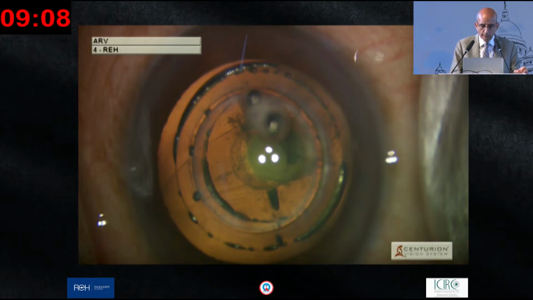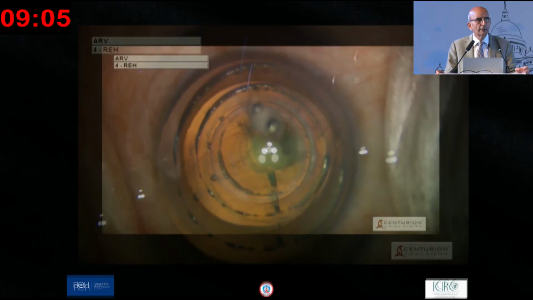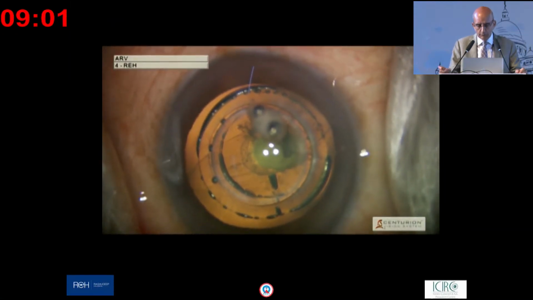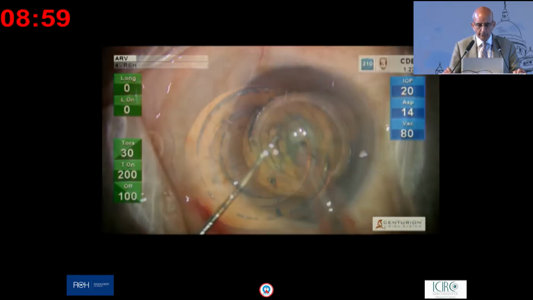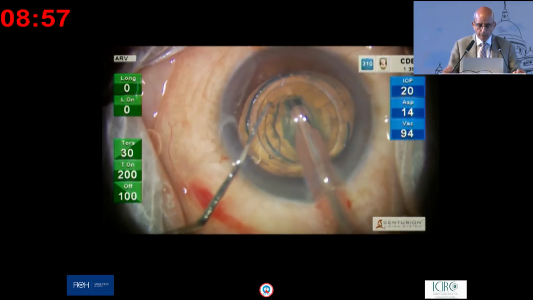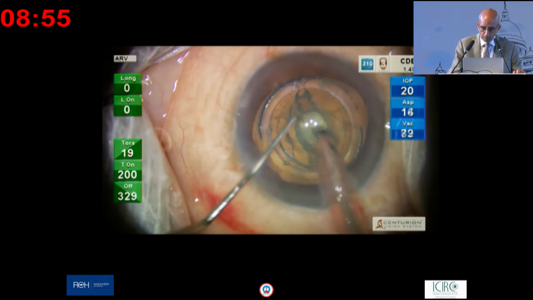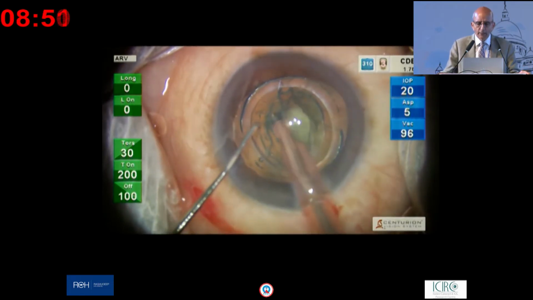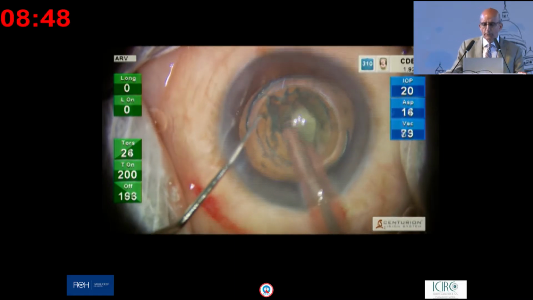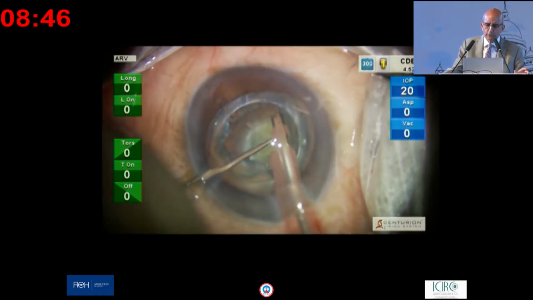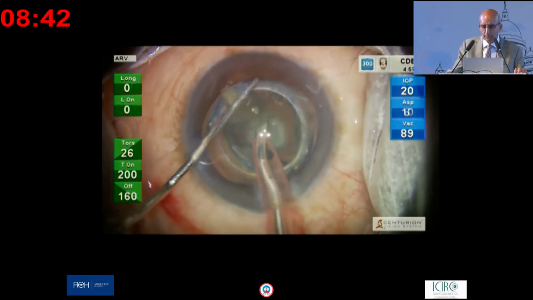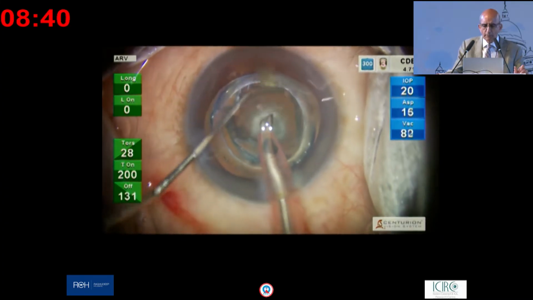Now my aim would be to prevent vitreous prolapse through the tear into the anterior chamber so that I don't disturb it. That's what is on my mind. Notice the parameters on the right side: 20 millimeter of mercury IOP, which can go to 30 if necessary, the flow rate is 18 cc per minute, and the vacuum is about 100.